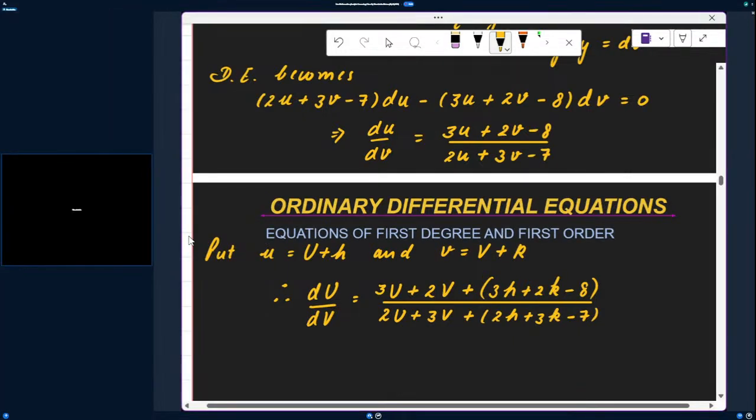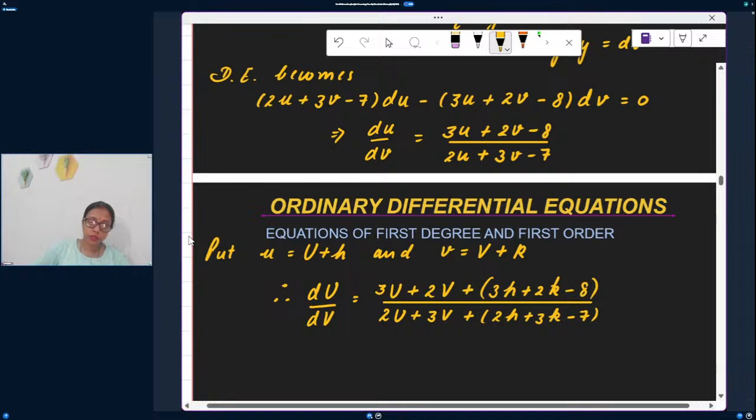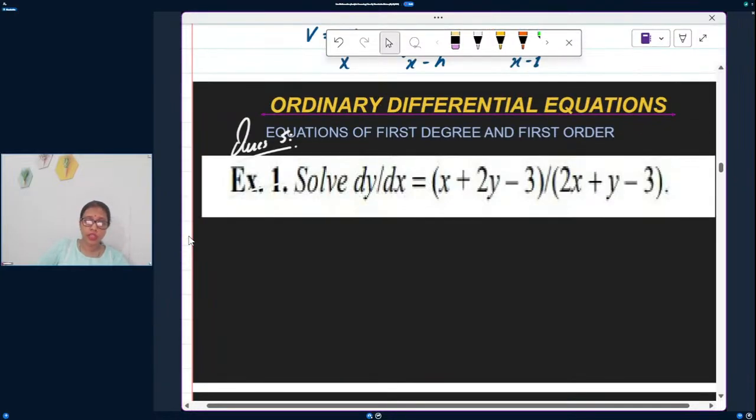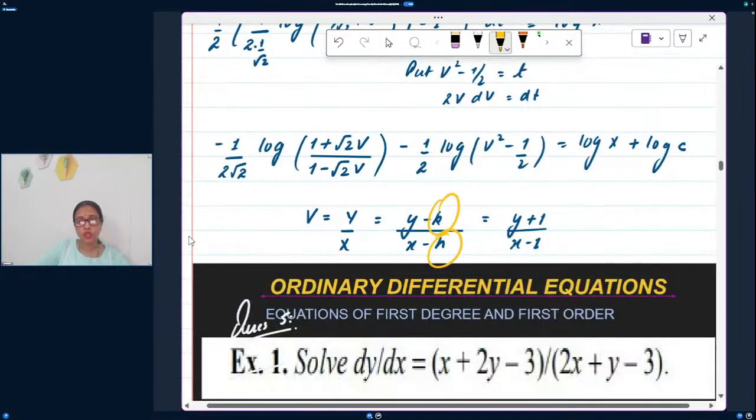Yes, that's correct. Good. Value of h is 2 and k is 1. We don't need that in the calculation, but at the end when we back substitute the values, here I need h and k. Right?